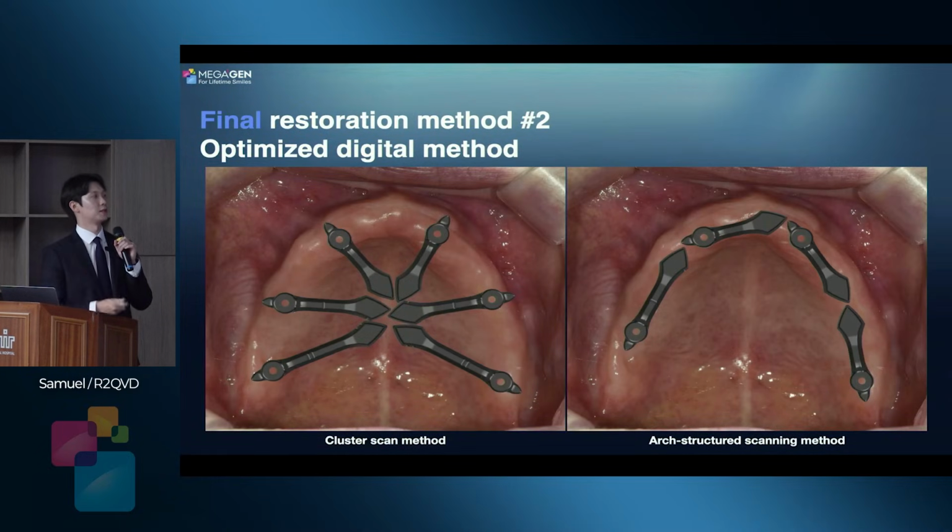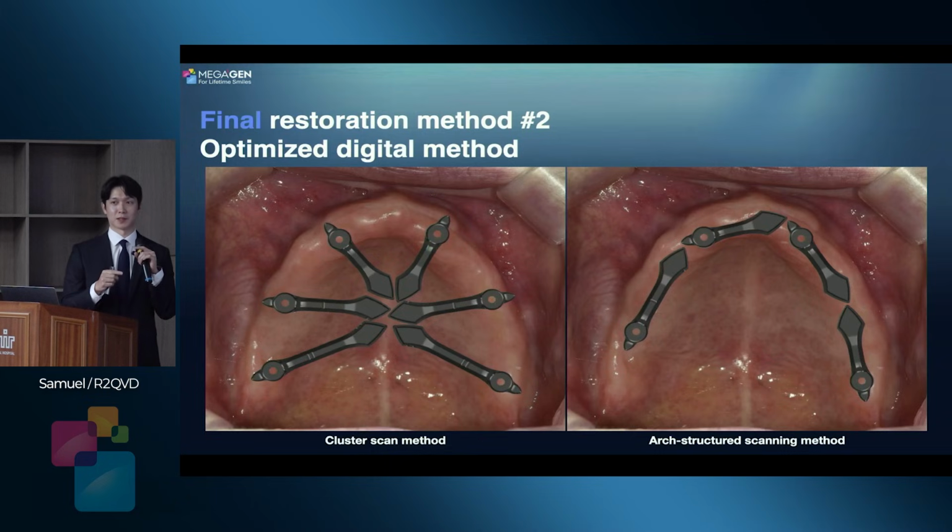We can use two things. First one, cross-arch. Maybe you know this concept, right? An intraoral scanner always has some learning curve, some distortion along this curve. So if we use the normal scan body, it has so much distortion that we cannot make a passive prosthesis.